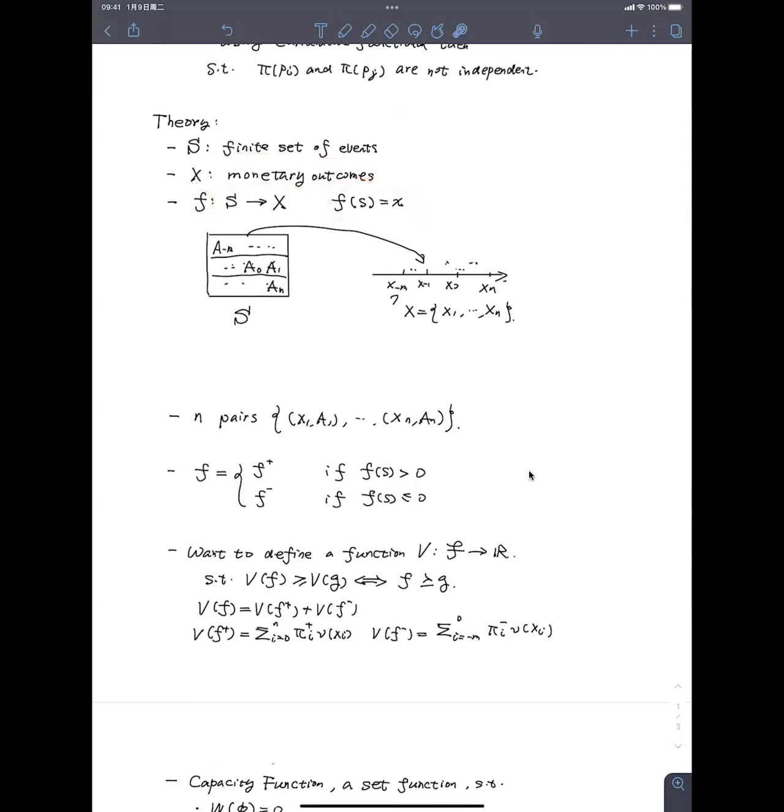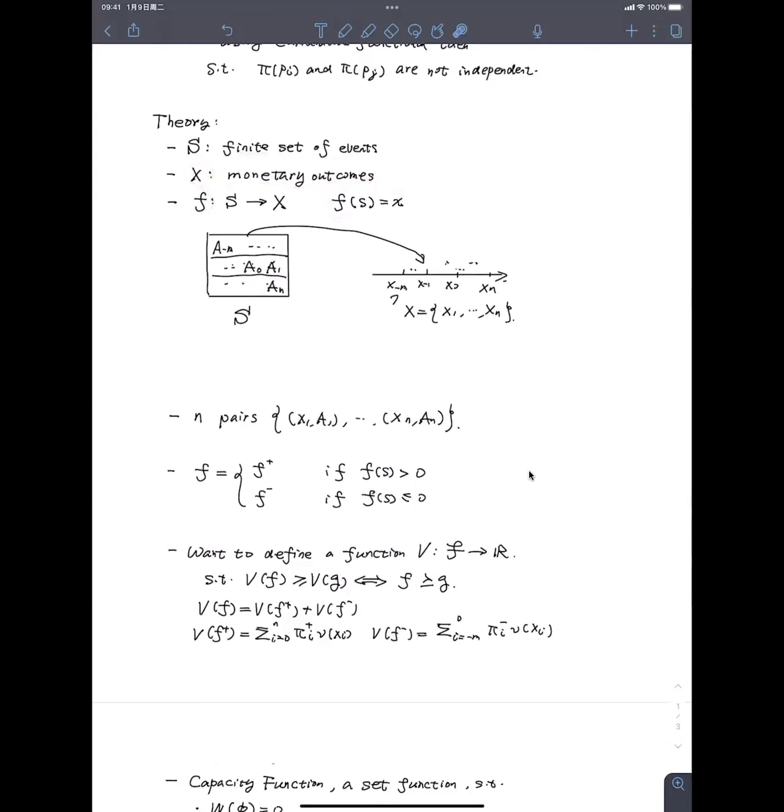And we partition the set of events based on the order of the monetary outcome. So we order all the outcomes in the X set from the lowest amount to the highest amount.